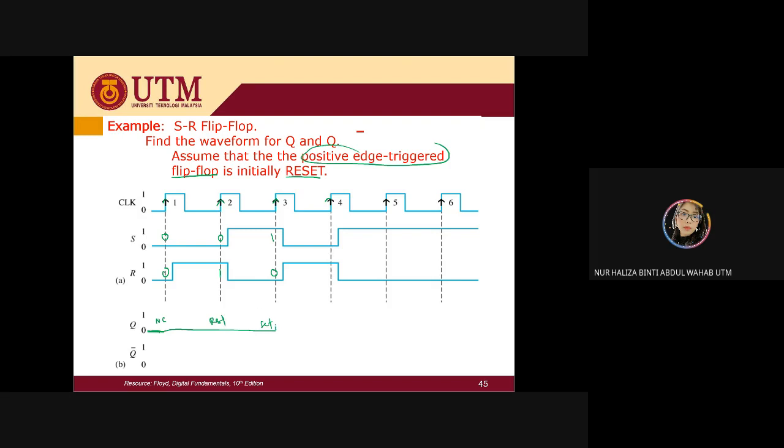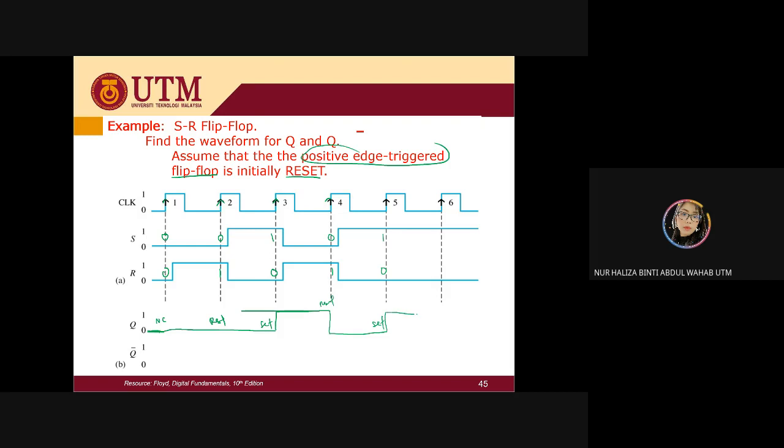Set will be 1, and it will continue until I meet another positive clock. For another positive clock, it will be 0, 1, which means reset. It will be 0 until I meet another clock. So it will be 1, 0, which means set.